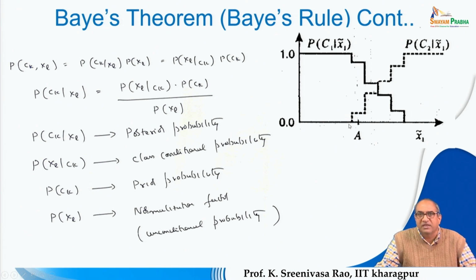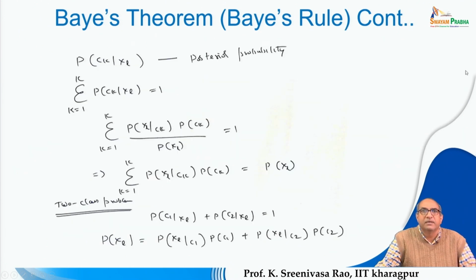There are chances of misclassification if the feature value falls in this range, whereas below or above this range we do not have any misclassification at all. The accuracy will be 100%, whereas if the value is within this range, there are chances of error.